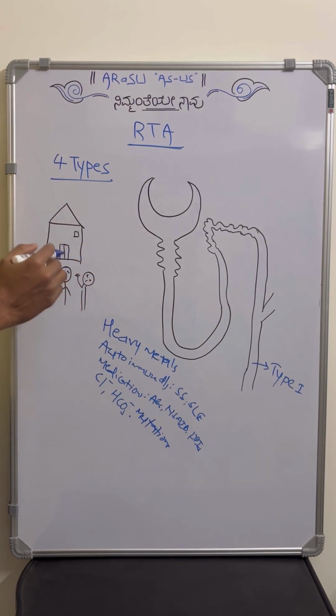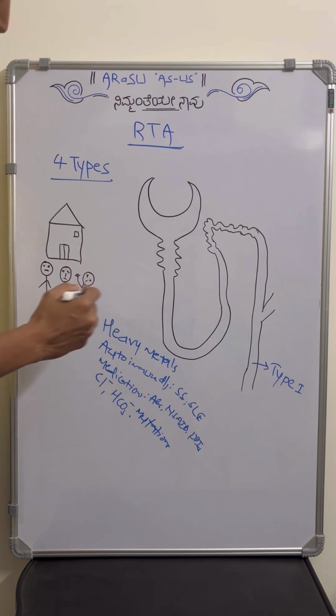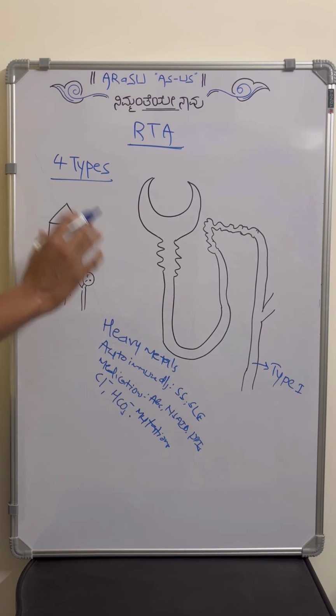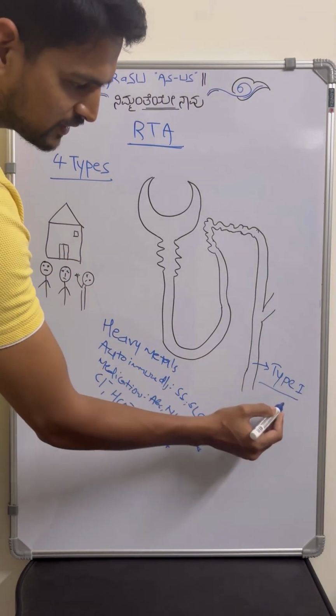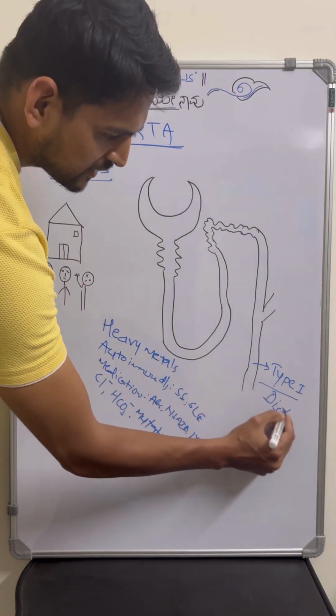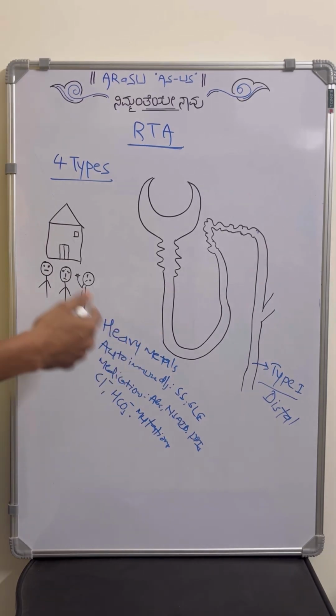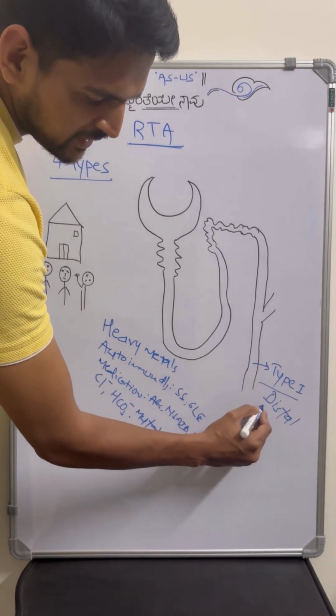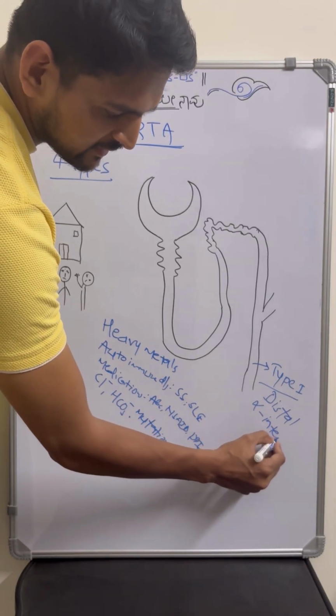They are doing this at the end. So type 1 is mainly distal. At the end of their course they are destroying the hostel. Here there will be some abnormality related to alpha intercalated cells.